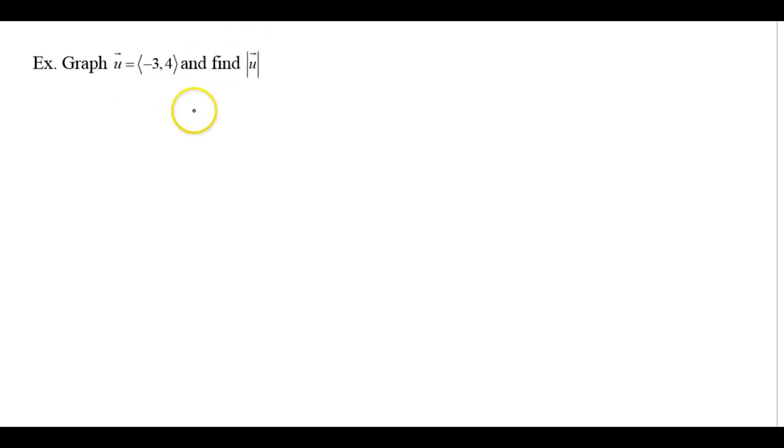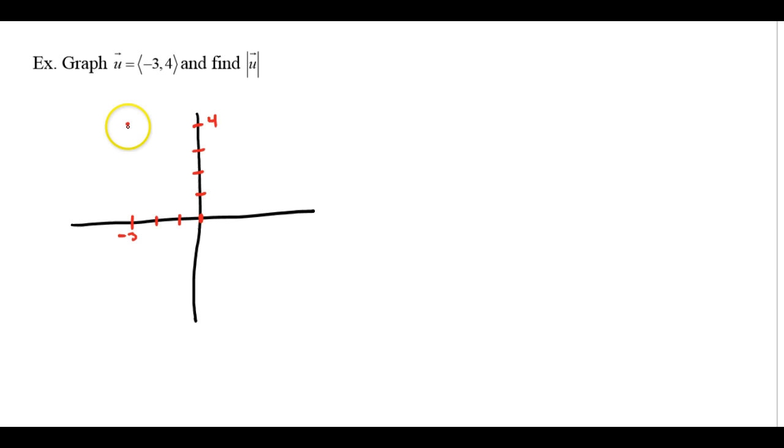So here, let's go ahead and draw an xy plane. What we know about our vector is that it's going to start at (0, 0) because this vector is in these brackets. And the tip of the ray is going to be at the point (-3, 4). So -3, meaning I go left, so I'm just plotting regular Cartesian points. Then I'm going to go up 4.